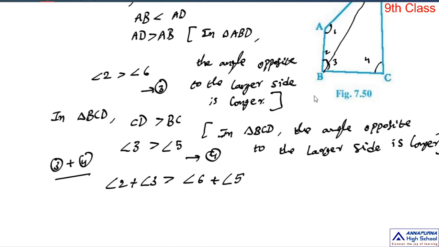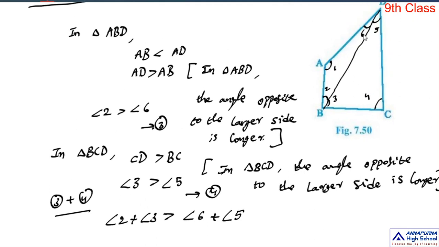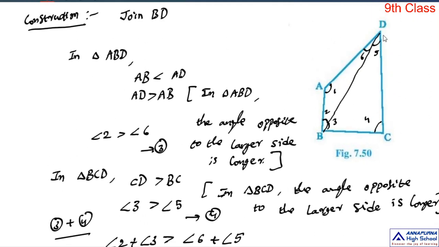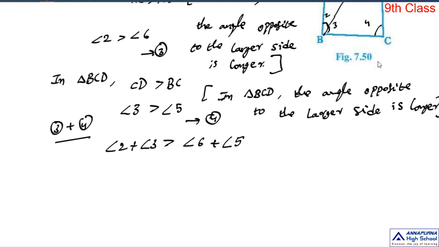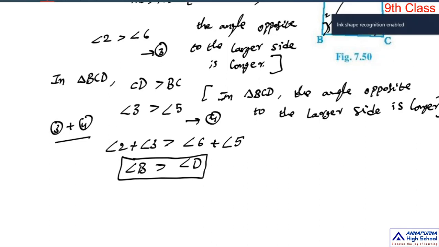See the figure: angle 2 plus angle 3 is equal to the complete angle B, and angle 6 plus angle 5 is equal to the complete angle D. So angle B is greater than angle D. This is the second condition. Let us stop here. Thank you for watching.